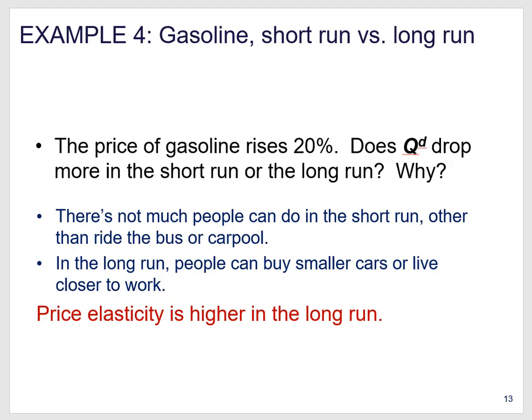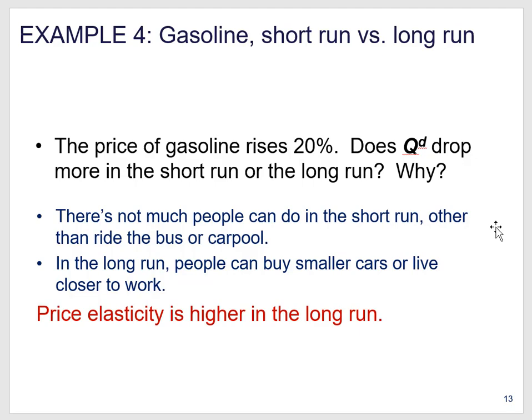Now let's look at gasoline, and here we are looking at short-run and long-run elasticities. If the price of gasoline increases by 20%, we could expect that in the short run there is not much choice. People who are driving to work will have to drive to work until they have other substitutes or other means of commuting.